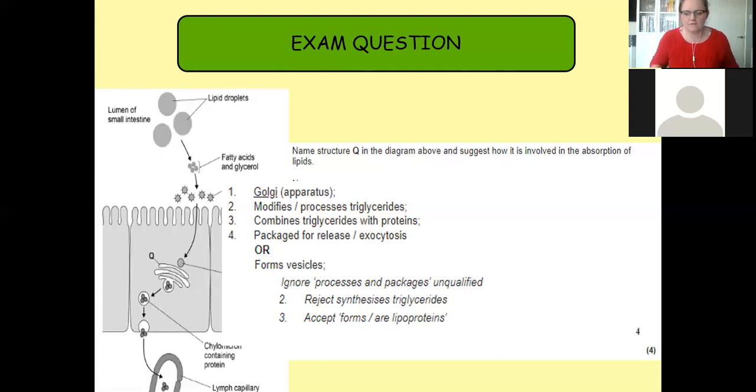So we're getting constituents going to it. If they've already been triglycerides, we've already had to take in triglycerides, then we're reforming them. If we were going to synthesize them, it would mean that we wouldn't have to eat them, but obviously we do. So that's why we use the words modifies and processes rather than synthesizes triglycerides. It's quite a small difference, but it's really important so that you can get those marks.